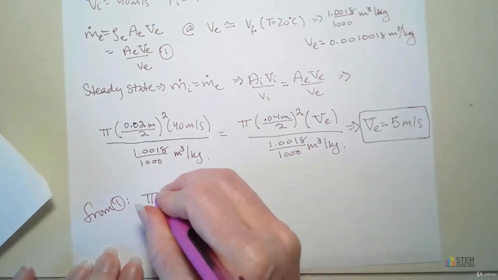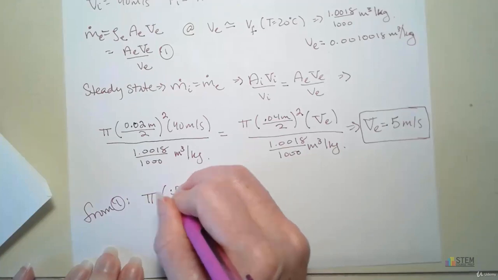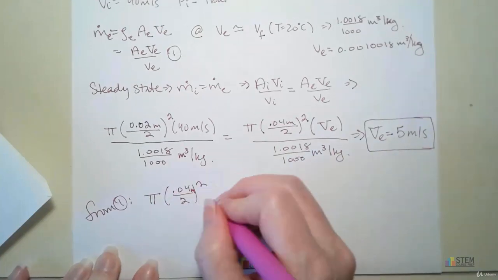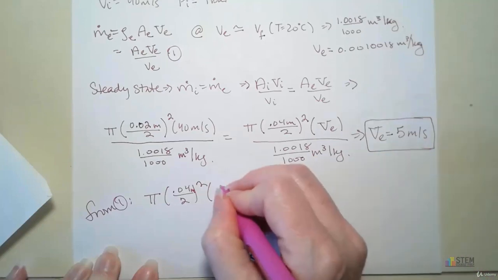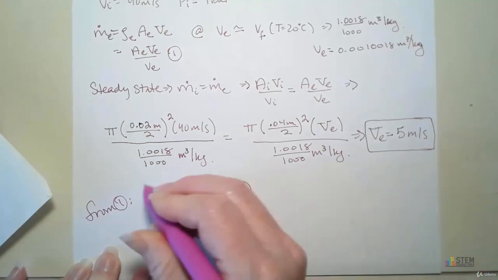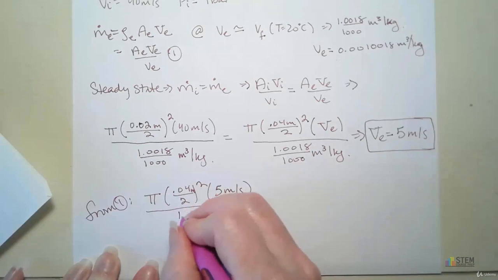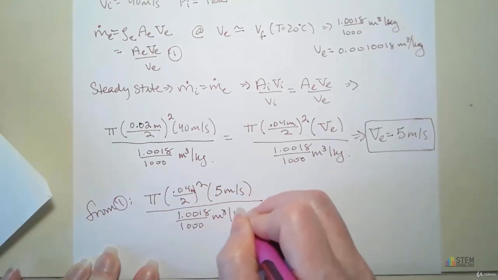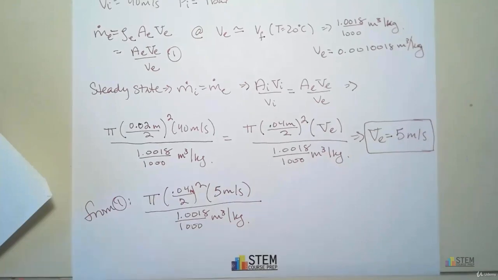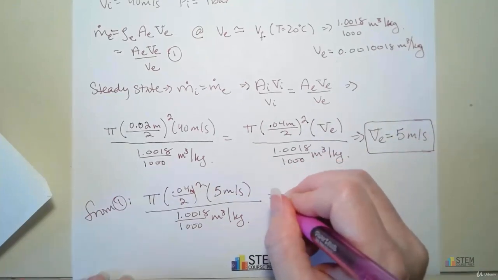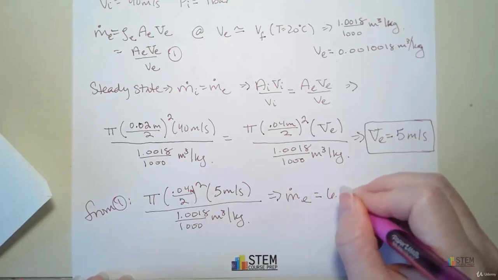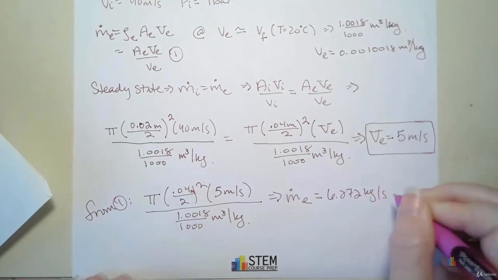So from 1, we're going to have pi times 0.04 over 2, square that, that's meters by the way. Multiply that by the velocity at the exit, so 5 meters per second, and then put that over 1.0018 over 1,000, that's cubic meters per kilogram, and then go ahead and solve. You get m dot E is 6.272 kilograms per second.